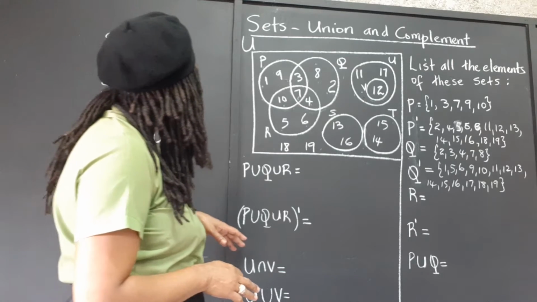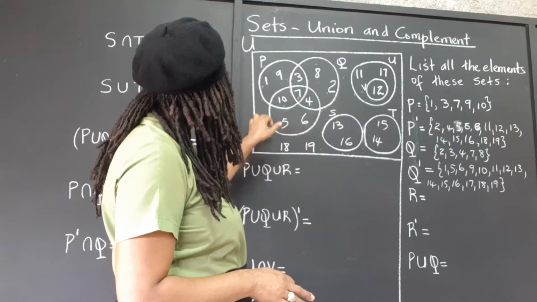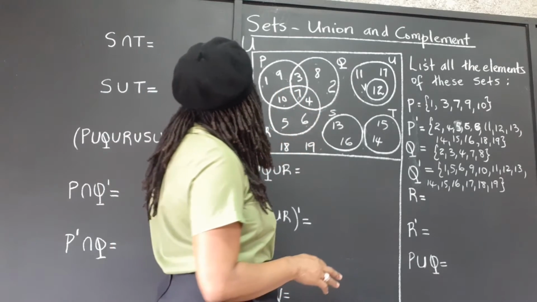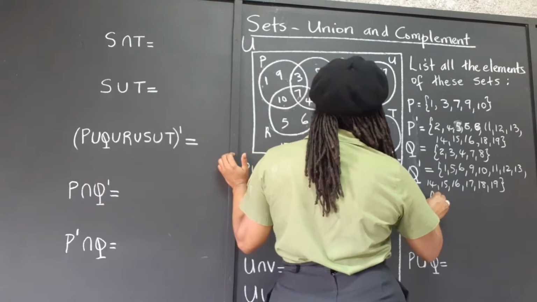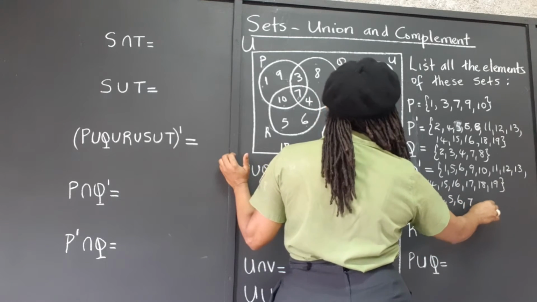Alright, so how about set R? Set R, that's this circle here. So that's 4, 5, 6, 7, and 10.